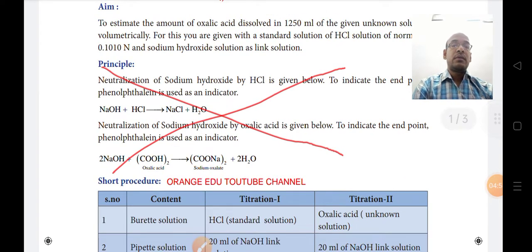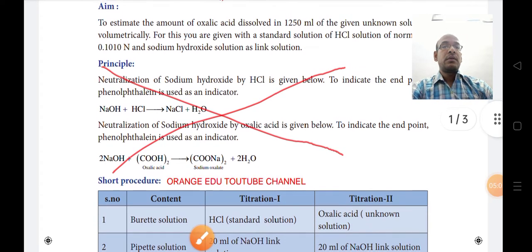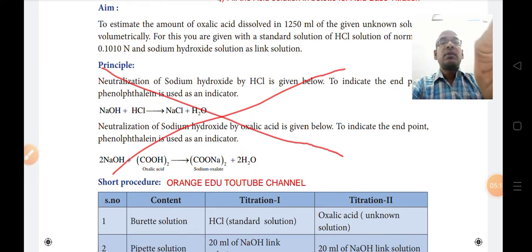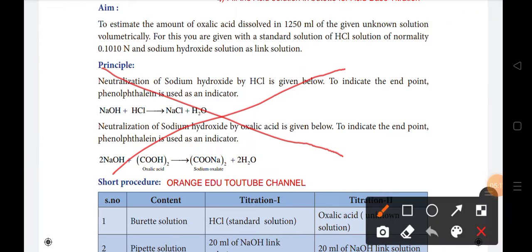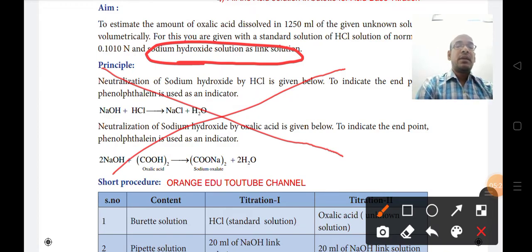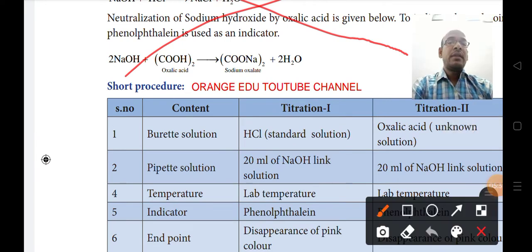In this question, the main point is to show only the one base, that is the link sodium hydroxide, as the base solution. Therefore, that base solution is taken in titration 1 and titration 2 in the pipette, 20 ml.